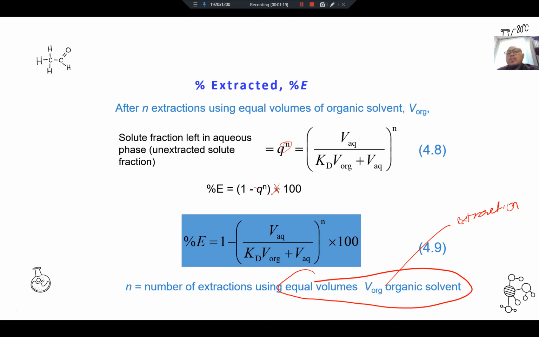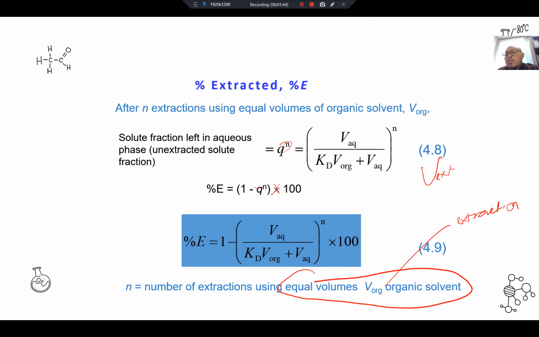What happens if the organic solvent is polar, and your non-desired phase, the aqueous phase, is non-polar? For example, the sample is not in water, it is in CCl4 or CS2. So that's why I don't like to use that specific term. I prefer to use EXT.